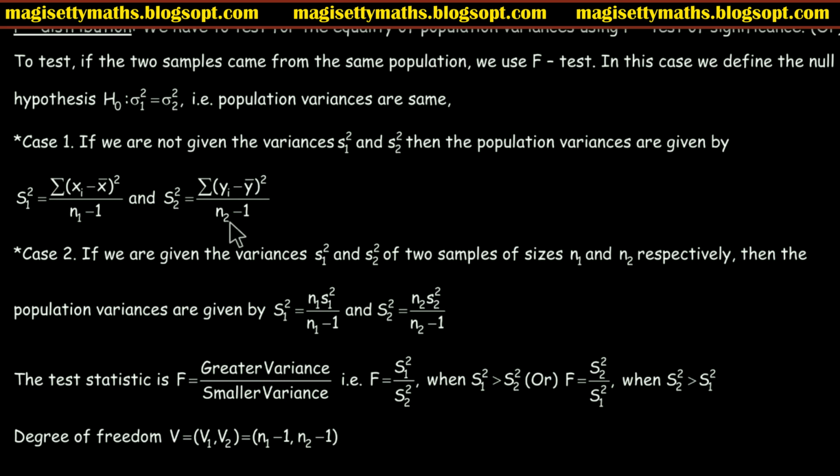Now the second case: if we are given the variances s1 square and s2 square of two samples of sizes n1 and n2 respectively, then the population variances are given by the formula capital S1 square equals n1 s1 square by n1 minus 1, and capital S2 square equals n2 s2 square by n2 minus 1.